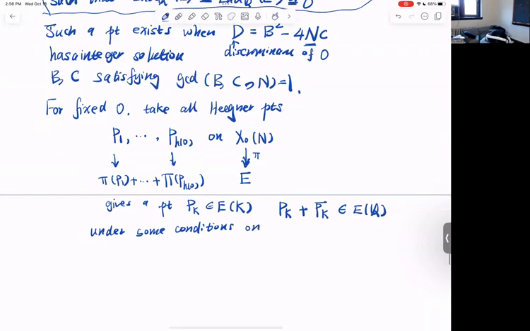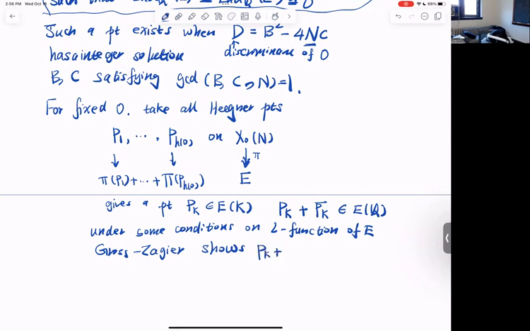Under some conditions on the L function of E, Gross and Zagier were able to show that the point P_K plus P_K bar has infinite order, not torsion.